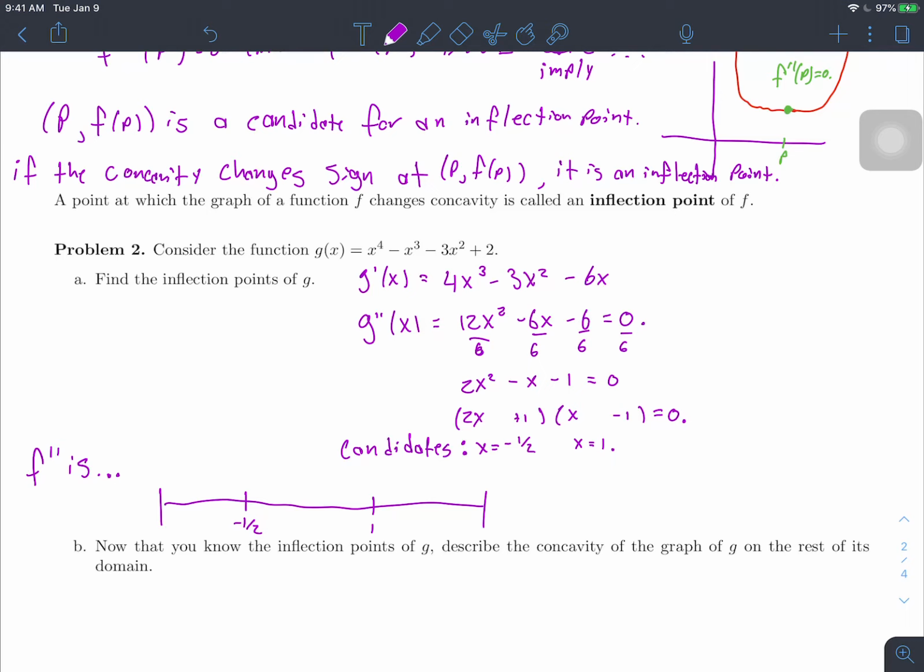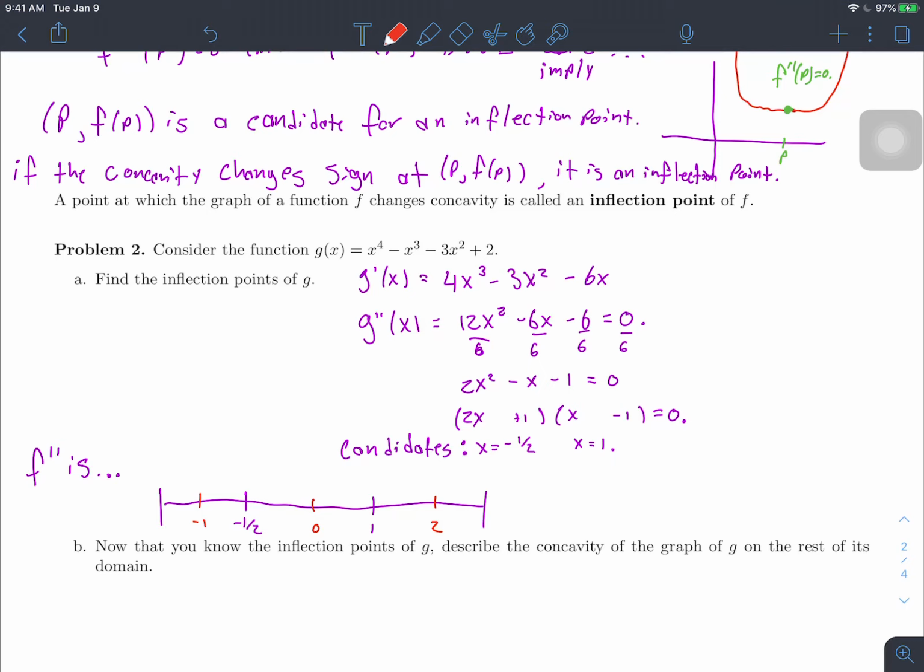I know it's only equal to 0 at -1/2 and 1, which means that f double prime will remain consistent in each of these intervals. So we can choose a test point from each of them. I'm going to choose the test point -1, the test point 0, and the test point 2.